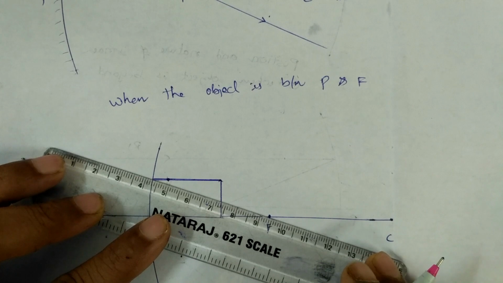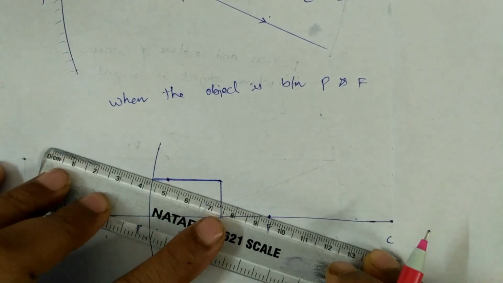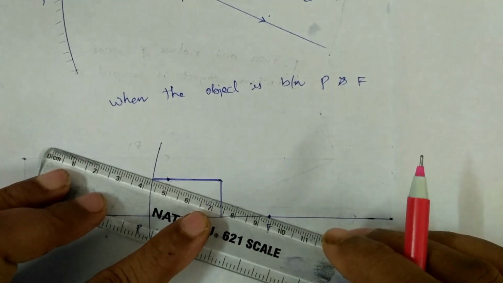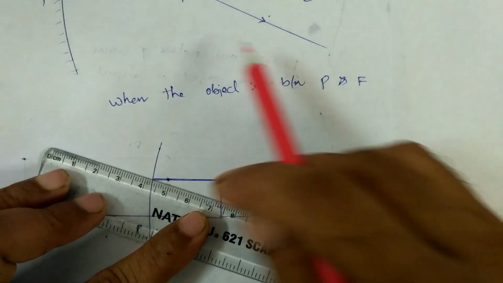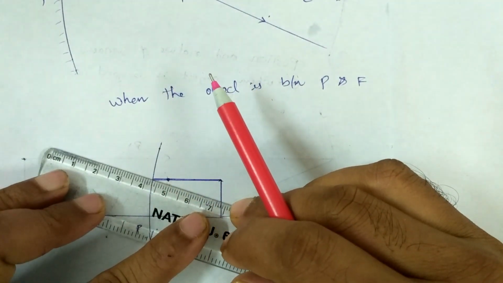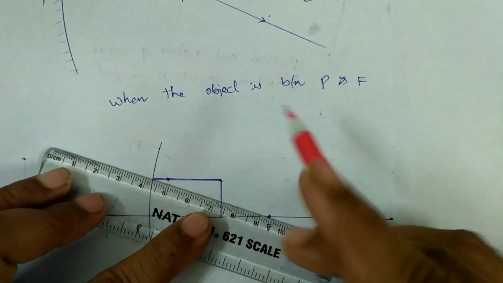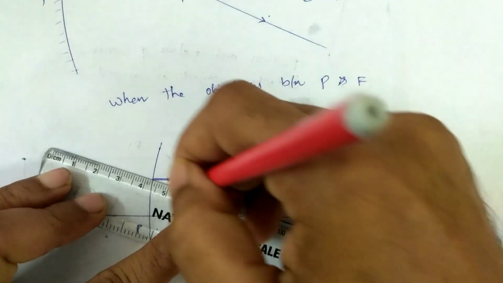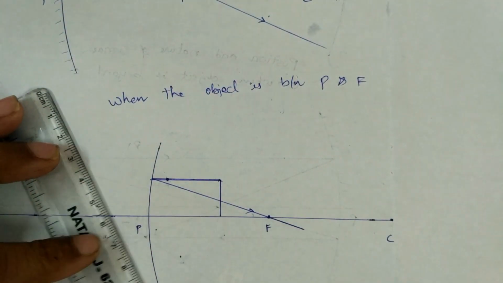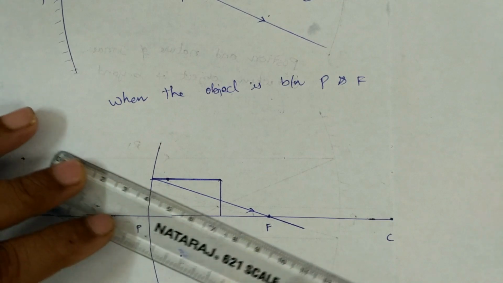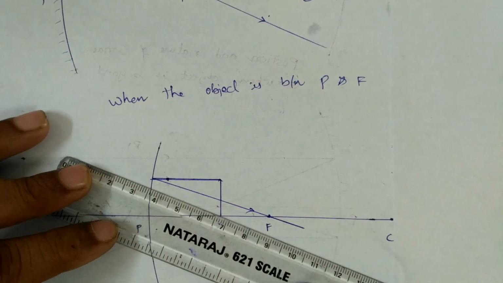When you draw the image when the object is at C and F, even the slightest mistake won't give you the proper result actually. Here there won't be any problem. So the reflected ray is passing through focus. Right.